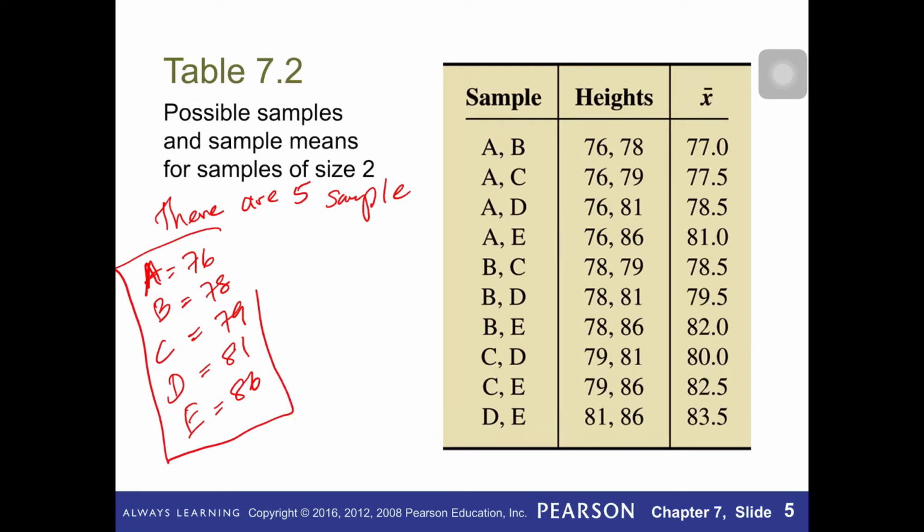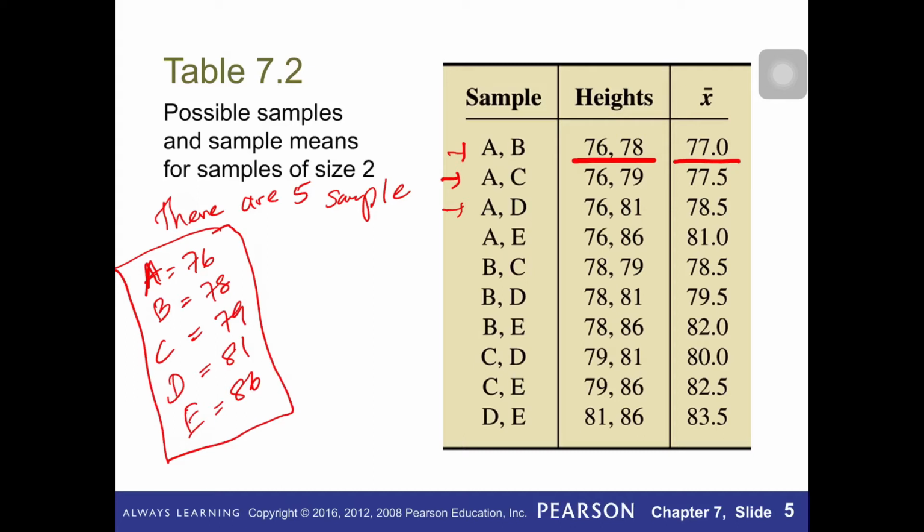Now I am going to consider these values together. I can consider the samples 2 by 2, like AB, AC, AD. Two samples together. A is 76, B is 78, so the mean of these two is 77, if you add these two together and divide by 2.